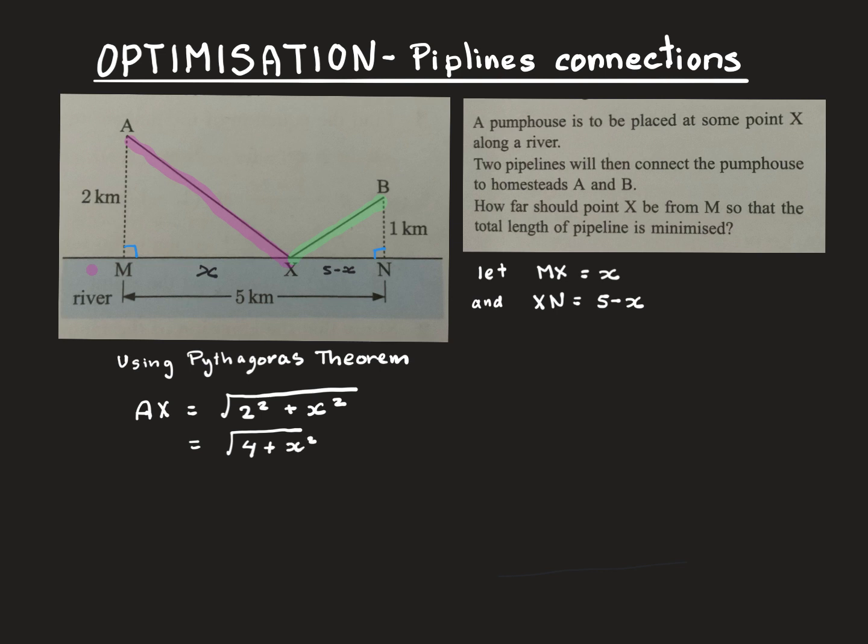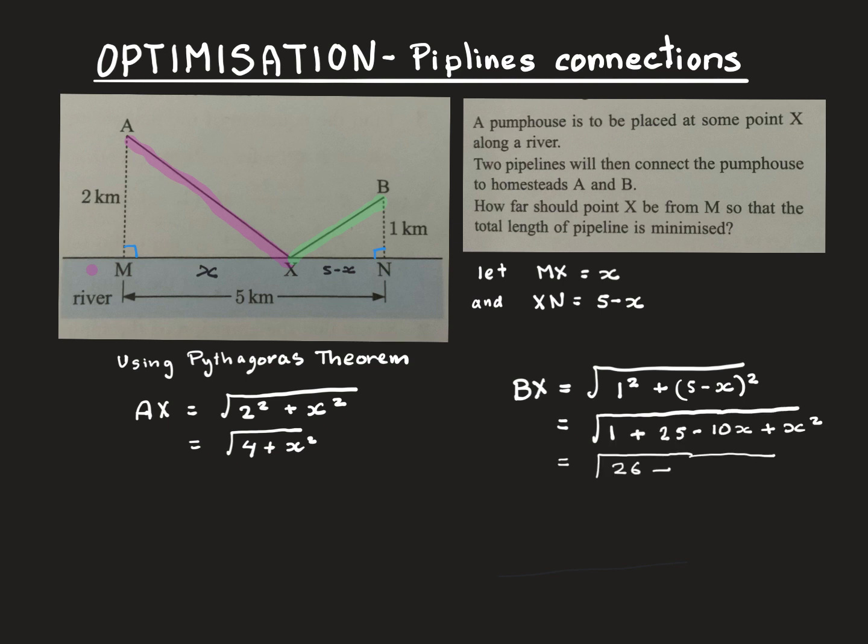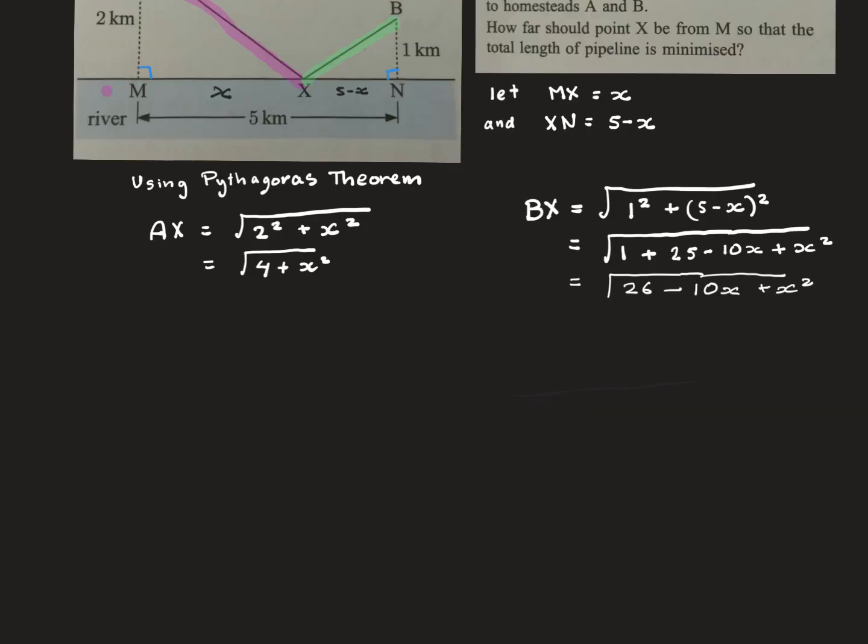And now we can say that BX is the root of 1 squared plus (5 minus x) squared, which will be just 1 plus 25 minus 10x plus x squared, which is 26 minus 10x plus x squared. And the total pipeline is just the addition of AX plus BX.